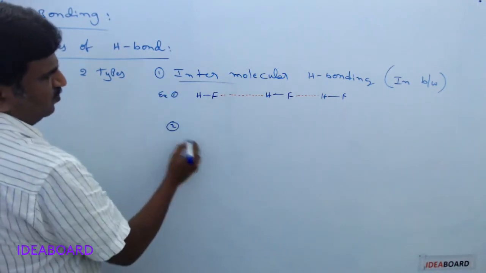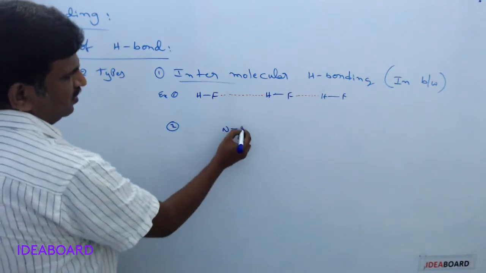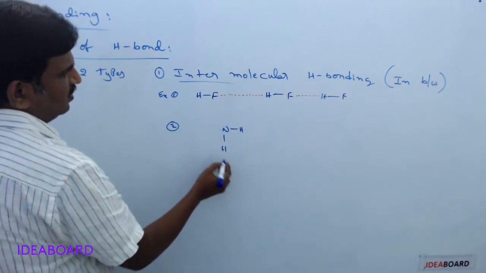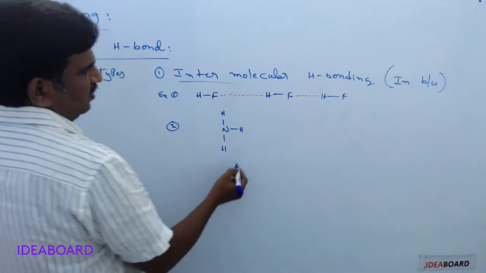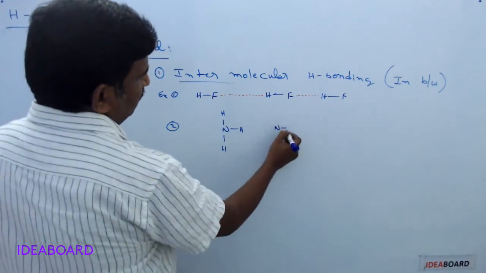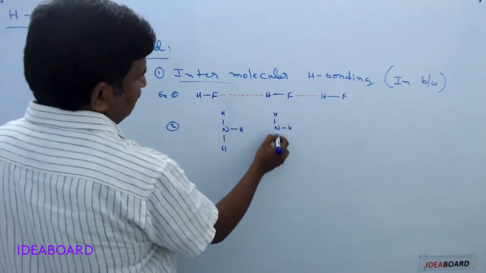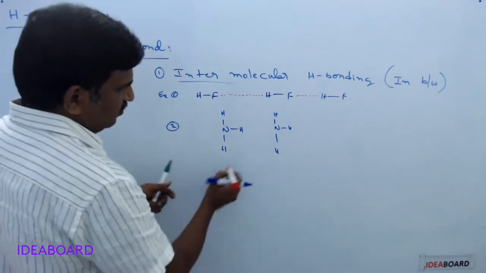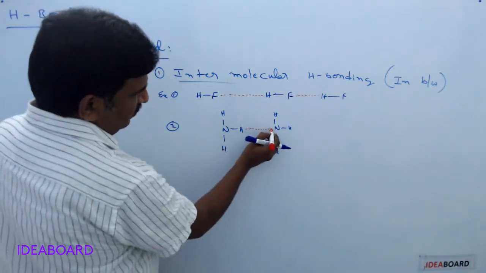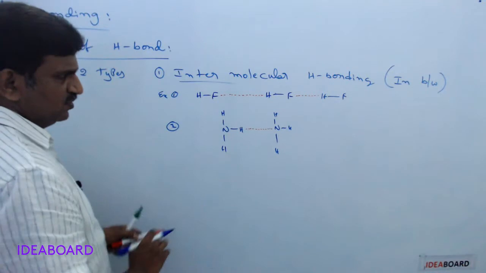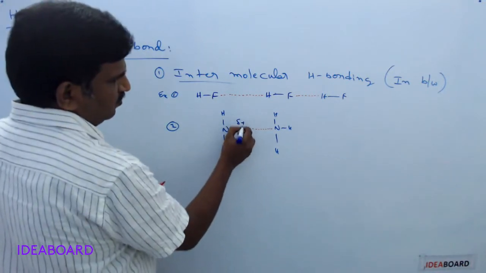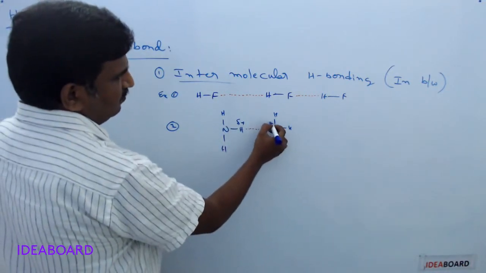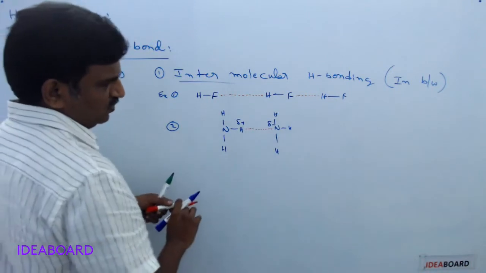Another example, NH3. Here this is one NH3 molecule and this is another NH3 molecule. Between these two, there is a weak electrostatic attractive force, because hydrogen has partial positive and nitrogen has partial negative charge.